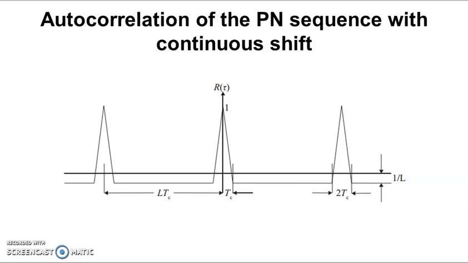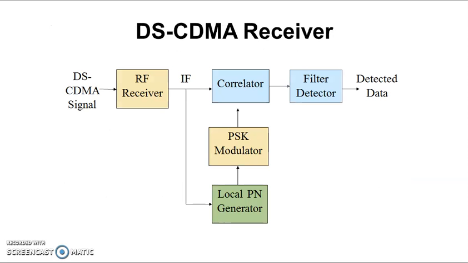Now the PN sequence is modulated and applied to the correlator. When we apply the PN sequence to the correlator, we are able to receive the signal there.